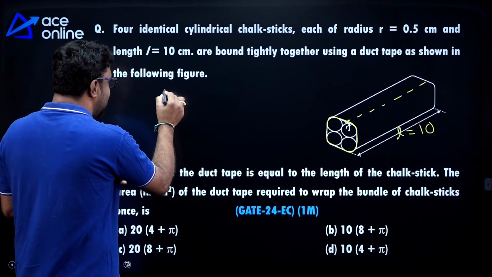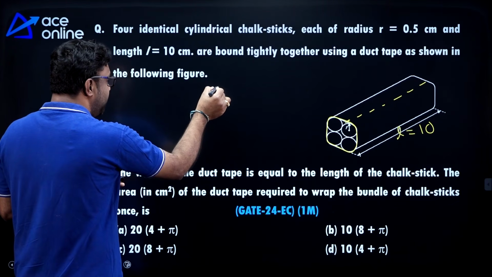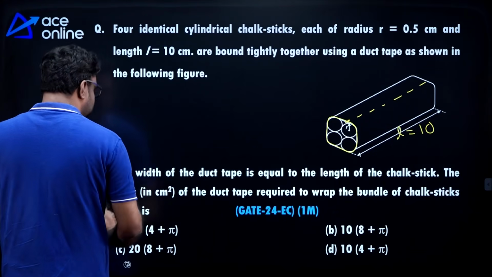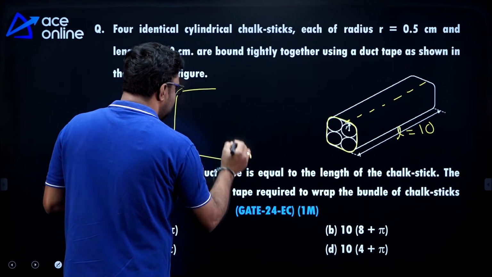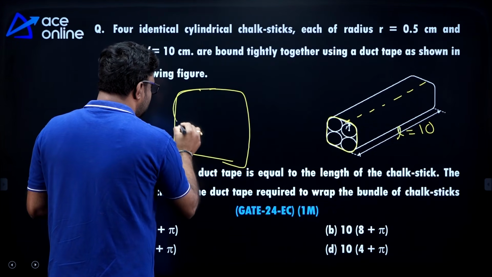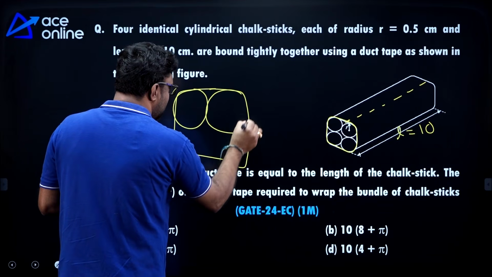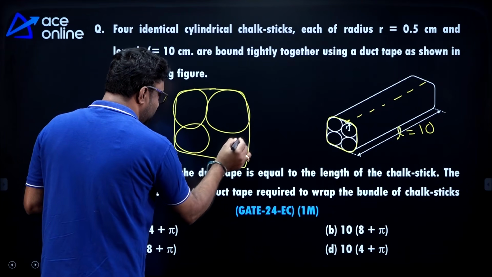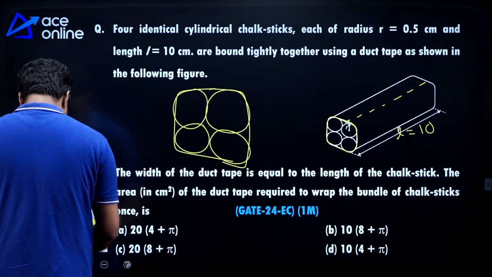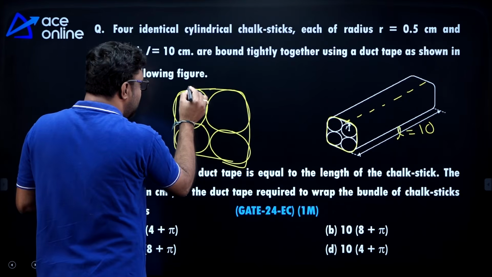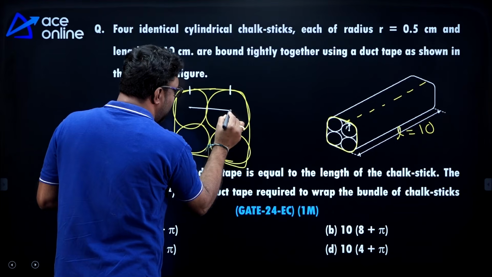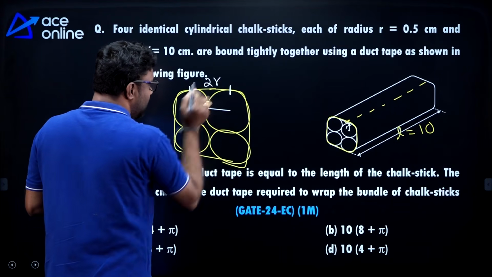Now if you focus on that length, look at the front view. If you clearly observe, from here to here it is radius, here to here it is radius, so this is 2r.